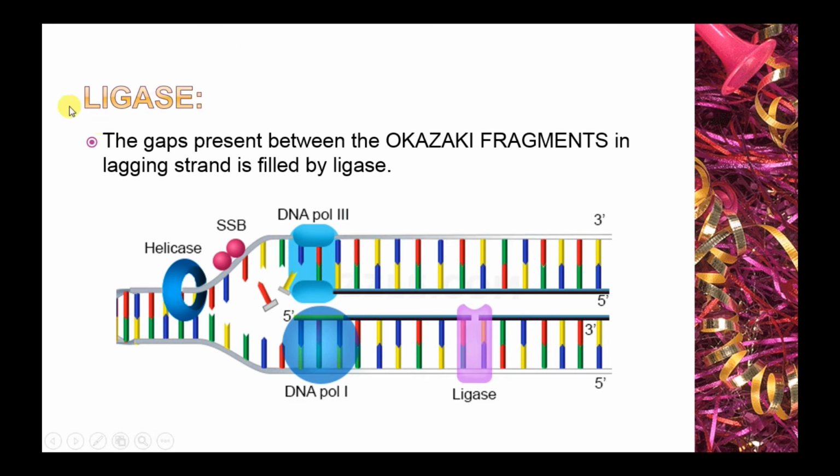The function of ligase is to fill the gaps between the Okazaki fragments in the lagging strand. The leading strand does not have gaps among the nucleotides, but the lagging strand does have gaps between the Okazaki fragments. Here you can see this is one segment and this is the second segment. There is a gap between these two segments, and this gap is being filled by the ligase.